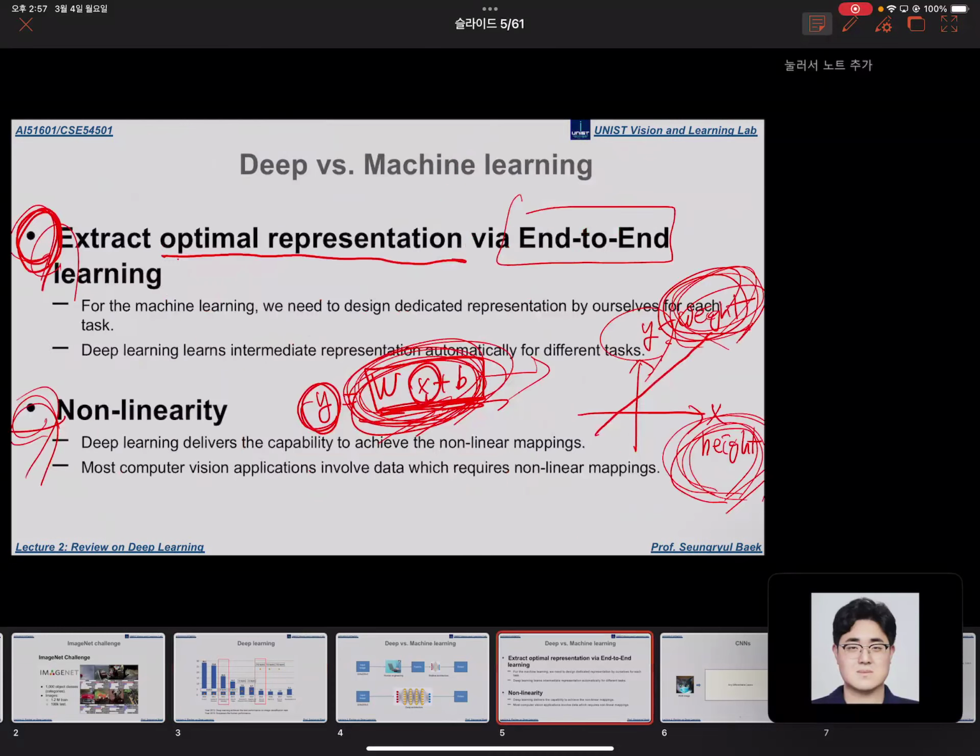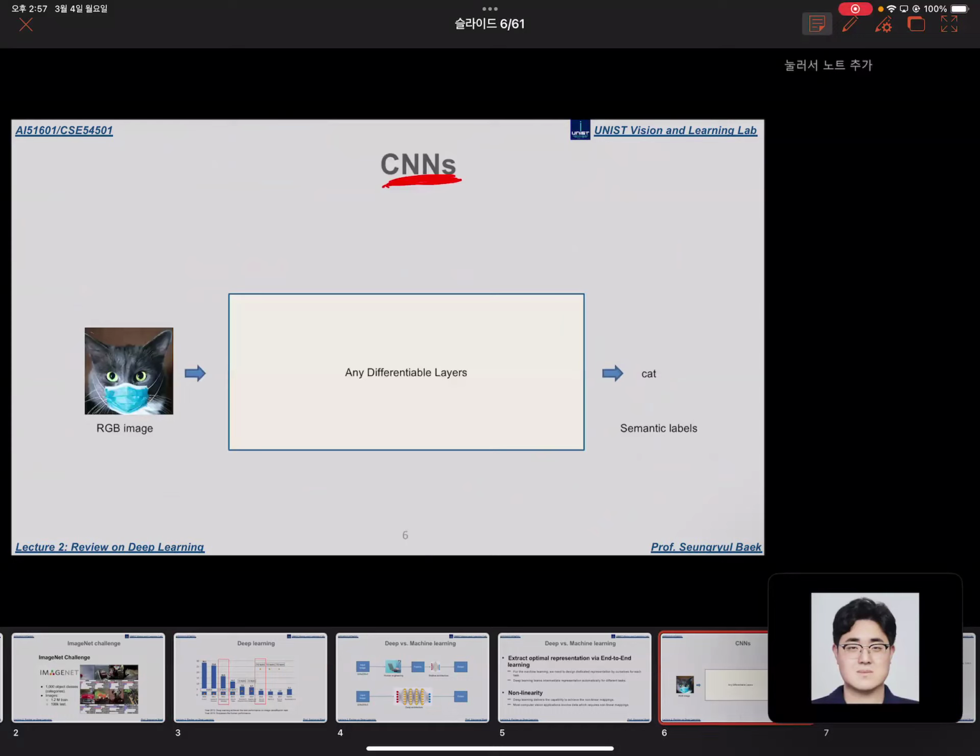But this CNN was the first successful architecture that performed well in the image classification task, right? So this CNN is the most popular, right? But nowadays, other architectures like the transformer are gradually coming, and they are replacing this CNN. But anyway, this CNN was a very popular deep learning architecture.